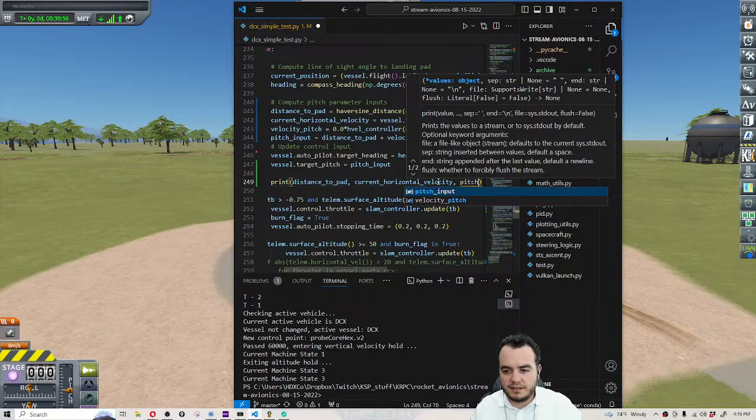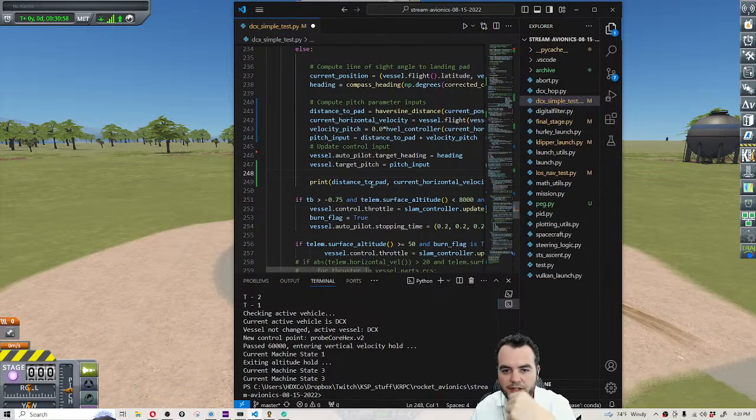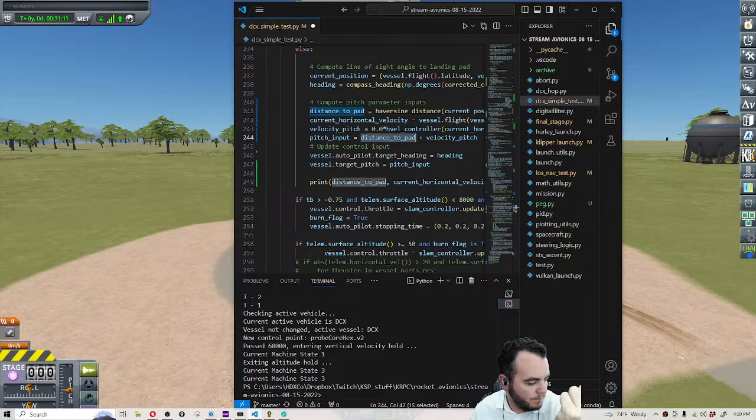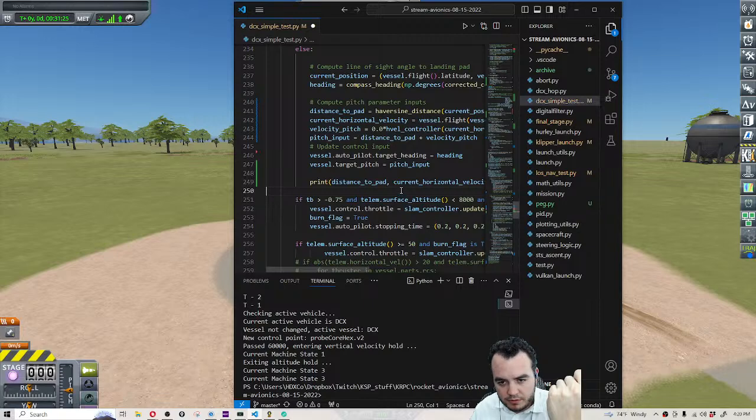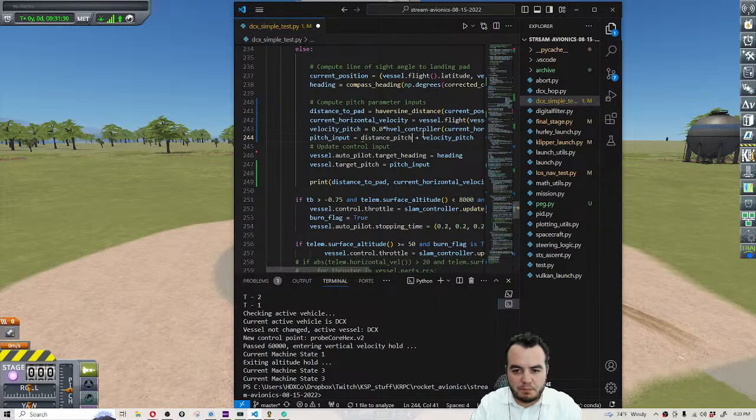Oh wait, no. That is not what I want to do, chat. That is not what I want to do, actually. We have our velocity pitch, and this isn't going to actually be our distance to pad, right? We actually need our PID controller to essentially compute our... because this should actually be our distance pitch.